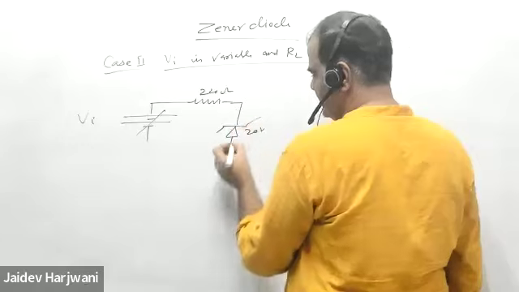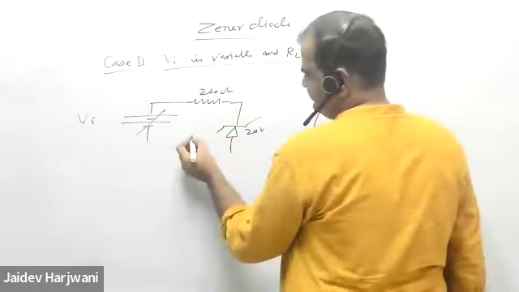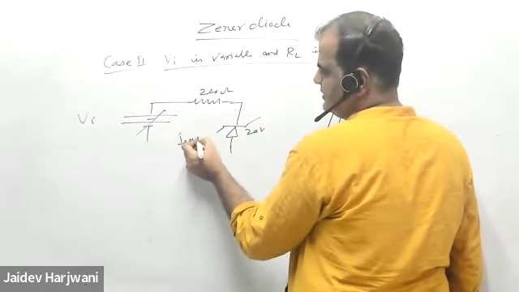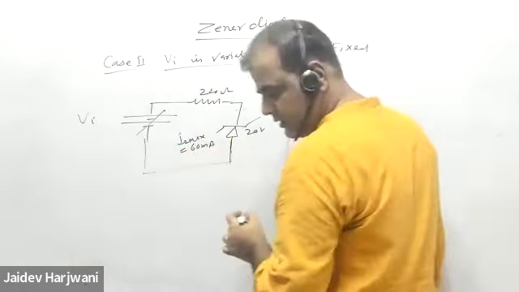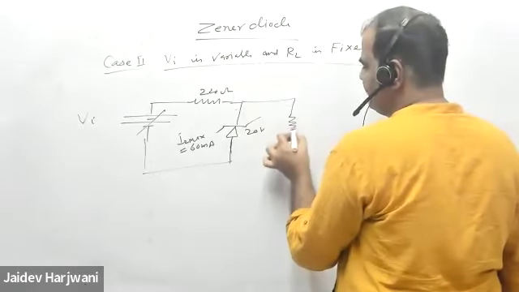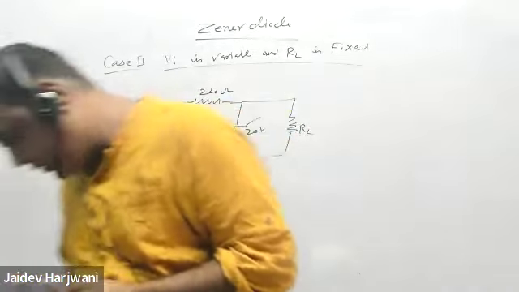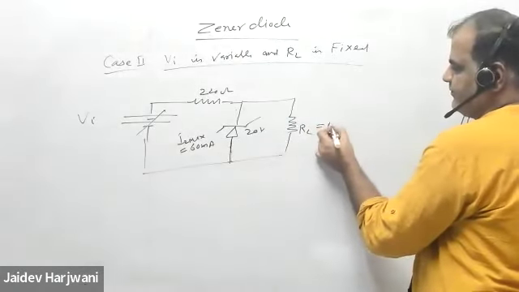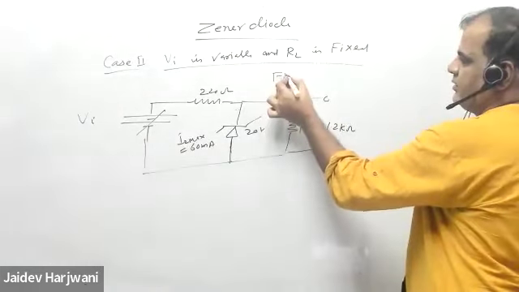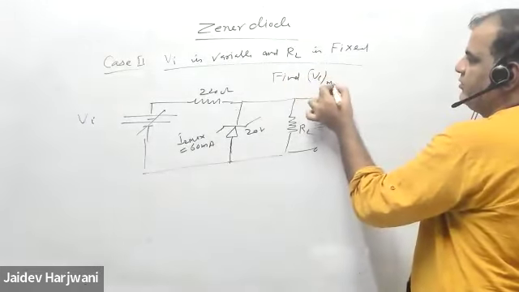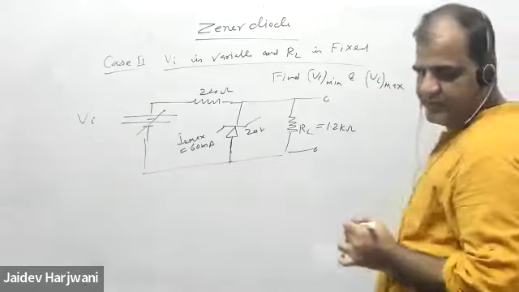Vz is given as 20 volt. And Iz max is given as 60 milliampere. And here you have some fixed value of RL, which is equal to 1.2 kilo ohm. Find V input minimum value and V input max value.